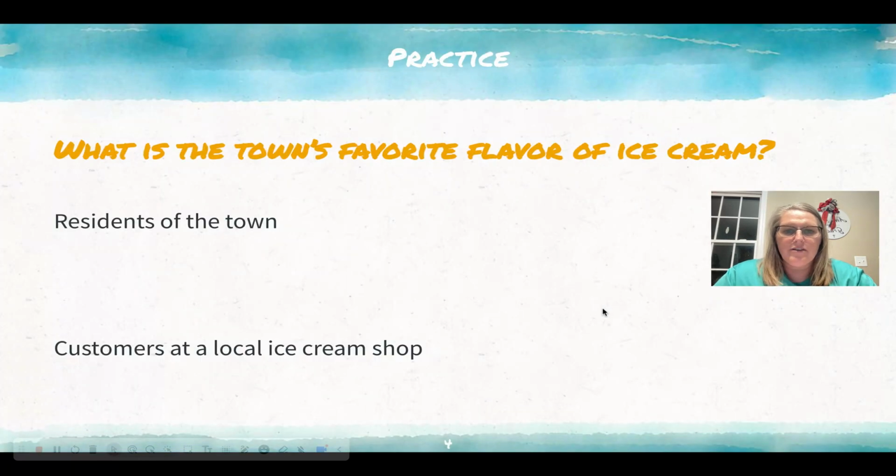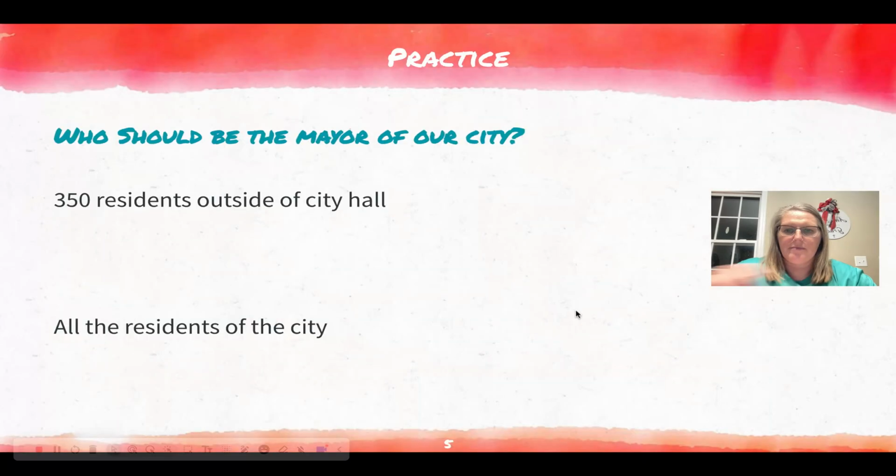What is the town's favorite flavor of ice cream? If you ask the residents of the whole town, obviously that would be a population. Just the customers at a local ice cream shop? Yep, if you said sample, that would be correct. Let's do another one. Who should be the mayor of our city?